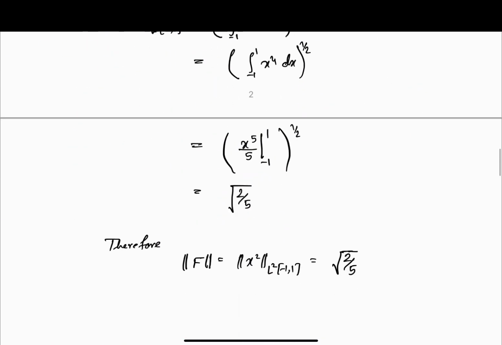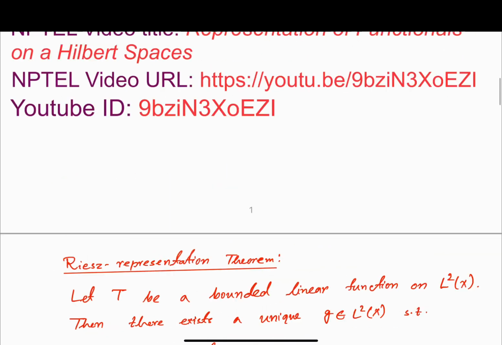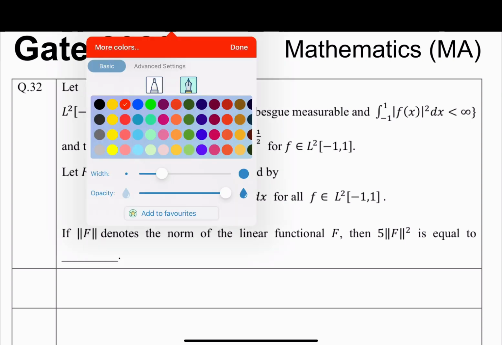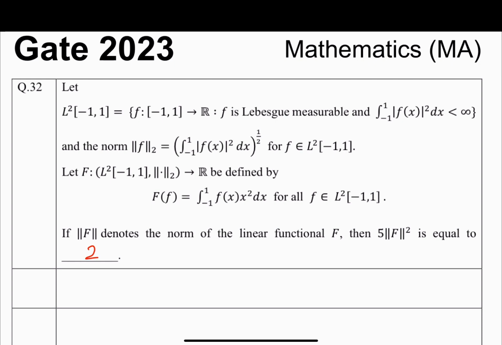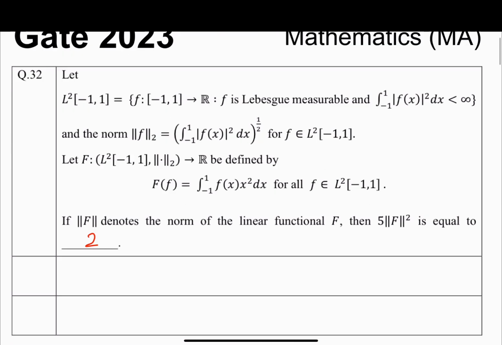So 5 times norm F square is 5 into 2 by 5, so it's 2. So the answer is 2. Then 5 times norm F square is basically 2.